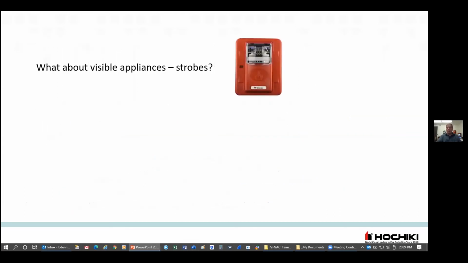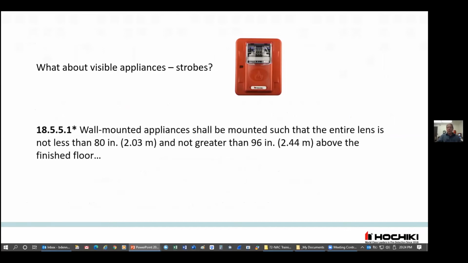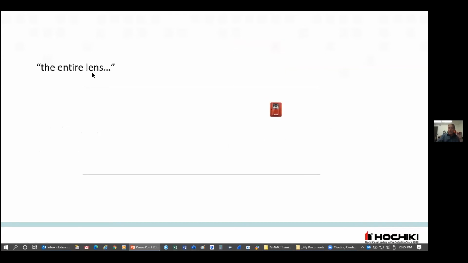Now what about visible notification? Strobes. We use strobes very often throughout buildings. For mounting them, they have to be mounted such that the entire lens of the strobe is not less than 80 inches, or 2.03 meters, and not greater than 96 inches, which is 2.44 meters, above the finished floor.